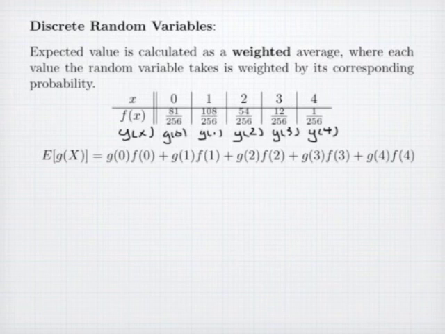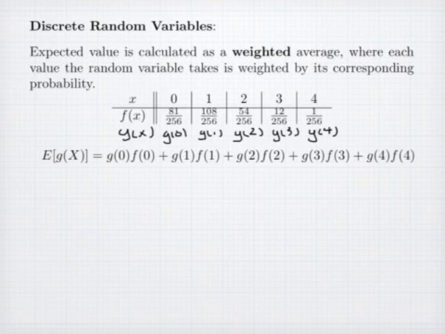But what I would do is take each of those values, g of 0, multiply it by the probability I see a 0, g of 1, the probability I see a 1, g of 2, the probability I see a 2, g of 3, the probability I see a 3, g of 4, the probability I see a 4, and I add those all up. And that would be the expected value of g of my random variable.